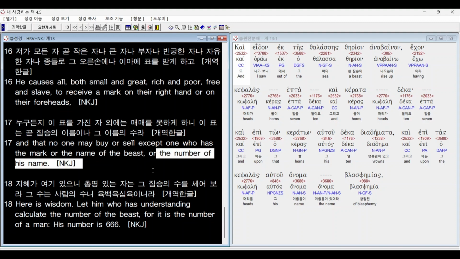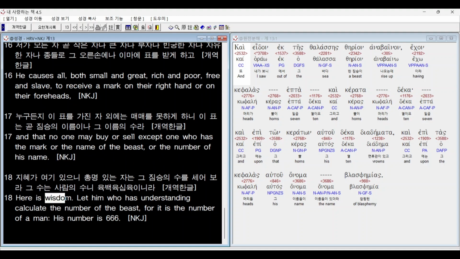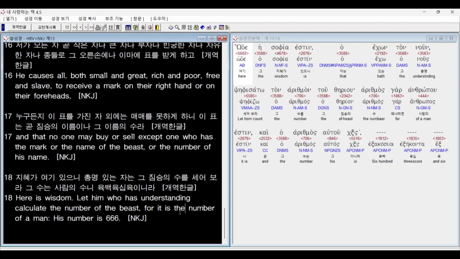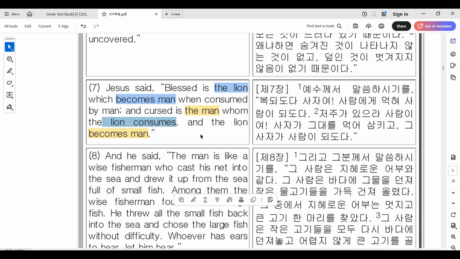Or the number of his name, here is wisdom. Let him who has understanding calculate the number of the beast. The number of the beast is what? Number of a man. Man is the beast, beast is the man. We're just learning that, right? Man is the lion, lion is the man, right?